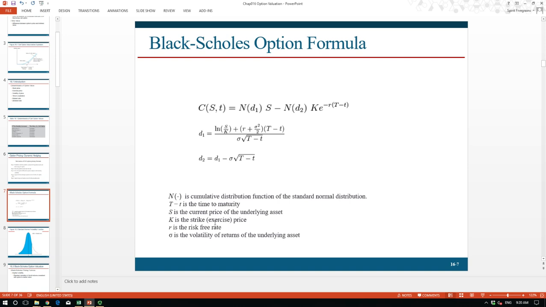And actually, this standard deviation is the number one determinant of option price. To some extent, we can say that a call option is a function of its risk. The option price is the price for risk, and this risk is measured by this standard deviation.